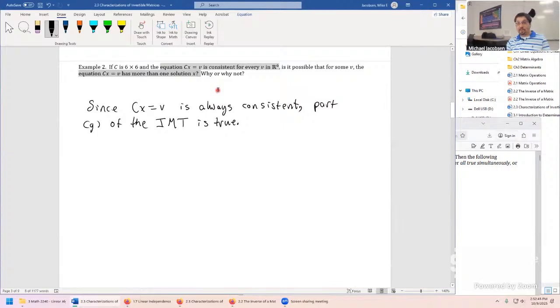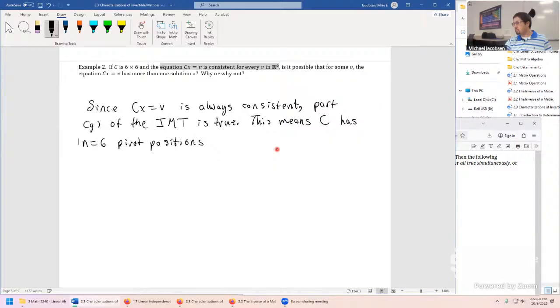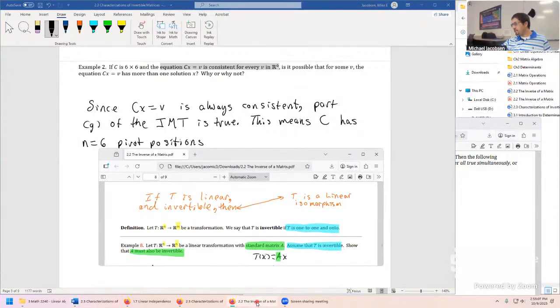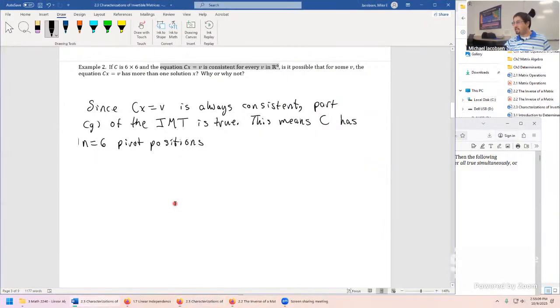If you see another way, that's a great way to think about it. So I'll write here, this means C has n equals 6 pivot positions. Or in other words, that's part C of the invertible matrix theorem is true.